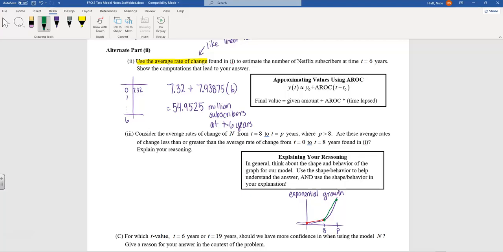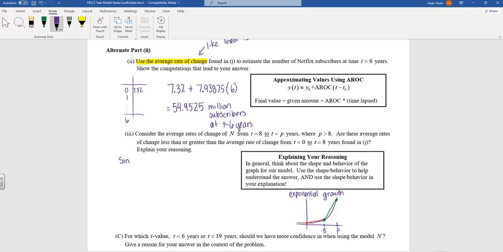Which one's bigger? From 0 to 8 or from 8 to p? 8 to p, because that line is much steeper right there. It is going to help you to draw something like this.